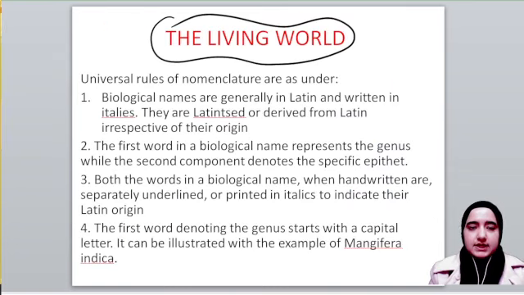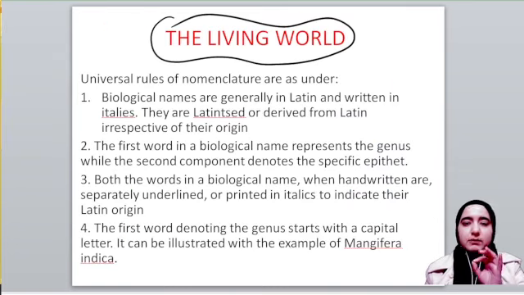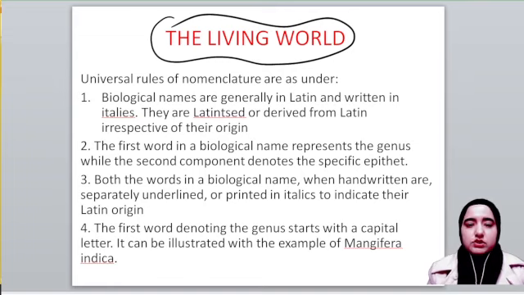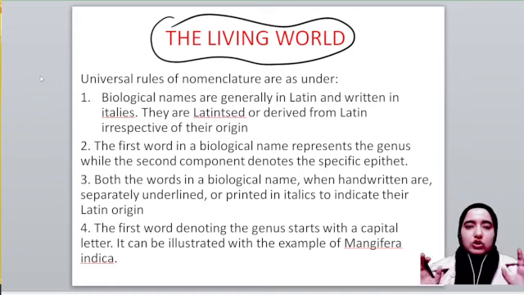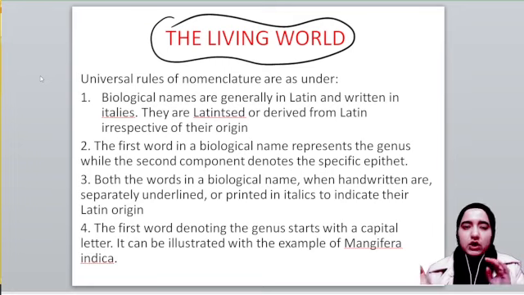Now, please see the rules of nomenclature. The first rule is that biological names are generally in Latin, a dead language, and they are written in italics.